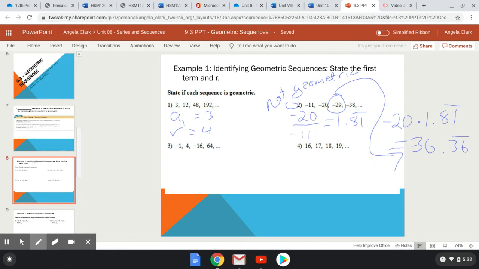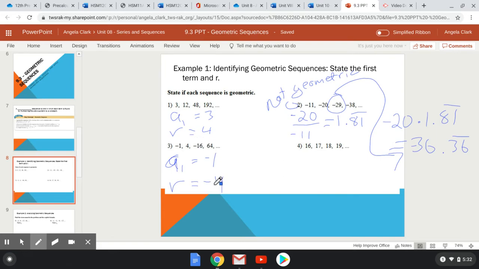So it is geometric, so I need to write out my first term. Sorry, that looks like a 9. It's supposed to be an A. And then R, we said was negative 4. And the sign does matter, right? Because if the R is negative, then our sign changes each time.